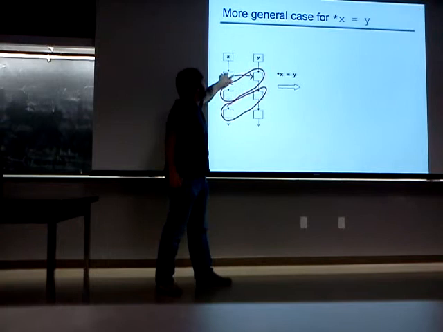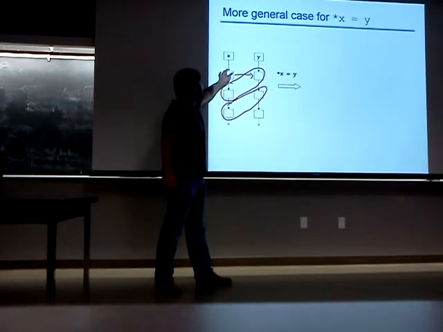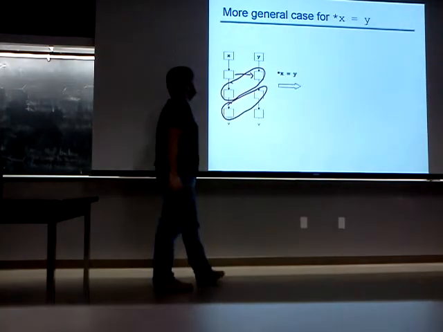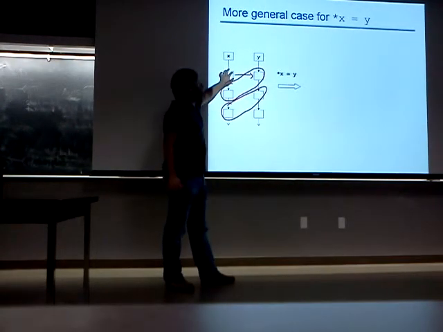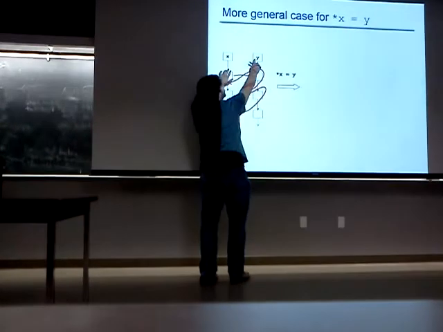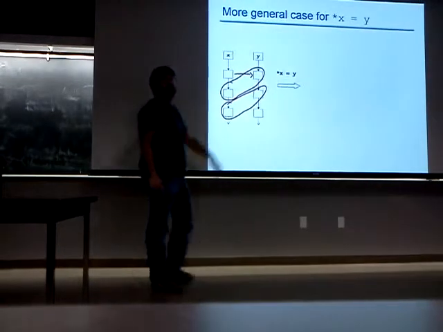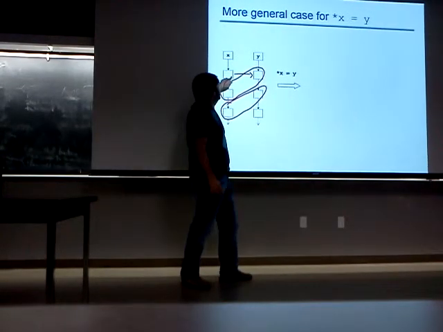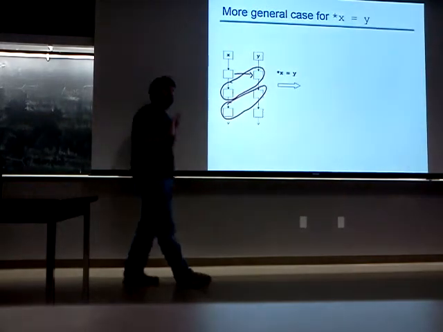Star x represents this variable, and I'm assigning it the value of y. If you have star x equal address of y, this will point to y. If star x equals y, whatever y points to, this will point to as well. So that's a very important distinction.